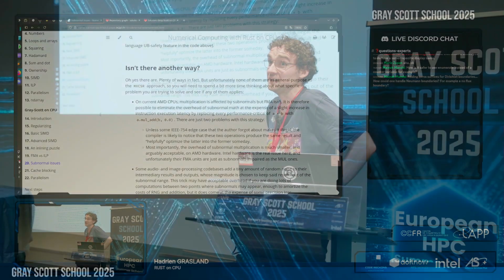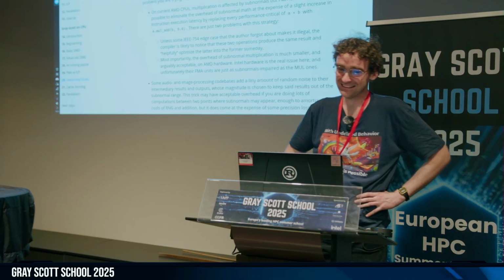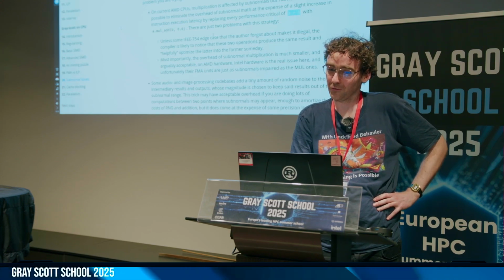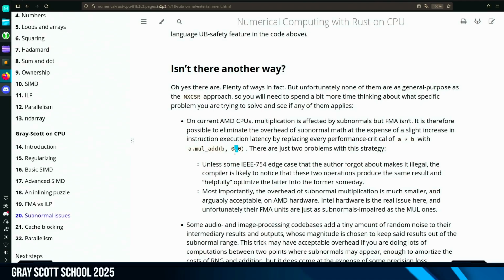Ask AMD engineers what they did. I'm not sure I really want to know. But what this means is that if you replace A times B with a fused multiply-add of A with B and an addend of 0, you remove the overhead associated with subnormal numbers on AMD CPUs.